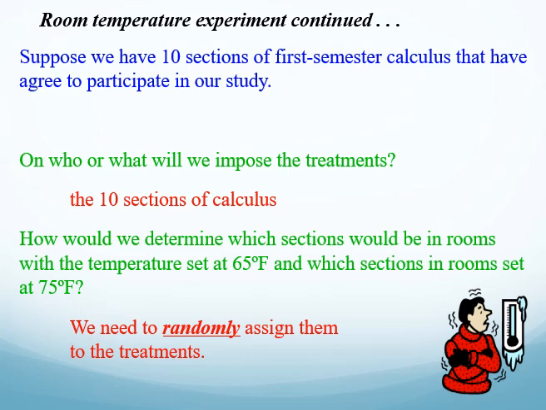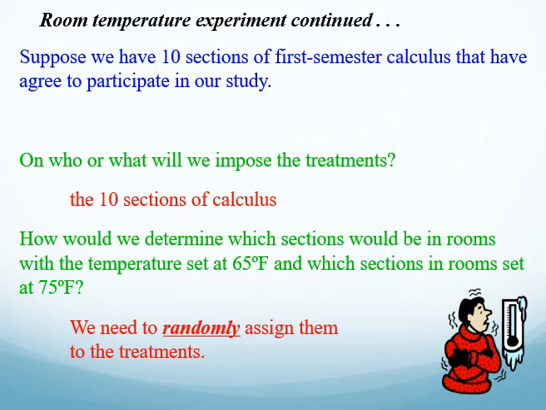So how would we determine which sections get rooms at 65 and which get rooms set at 75? We have to do that randomly. We can't let the professor choose or let the students vote on what temperature they want.